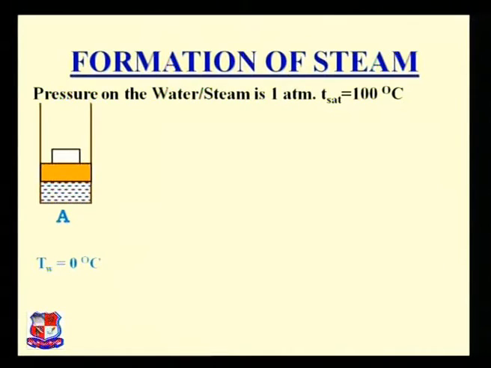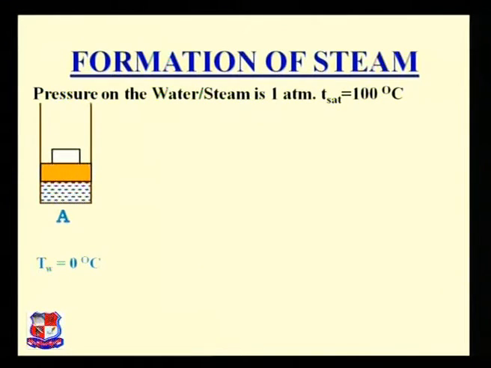Now, reviewing the fundamentals of formation of steam, as we have studied in the previous lecture, let us consider a frictionless piston and cylinder assembly in which 1 kilogram of water is filled at 0 degree centigrade and standard 1 atmospheric pressure is acting on it.